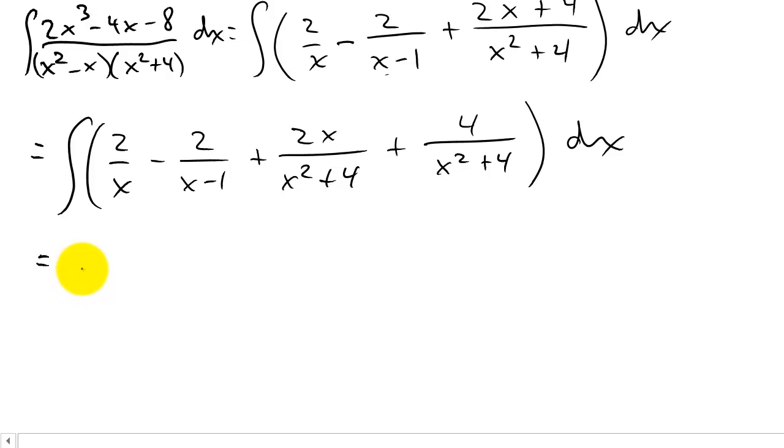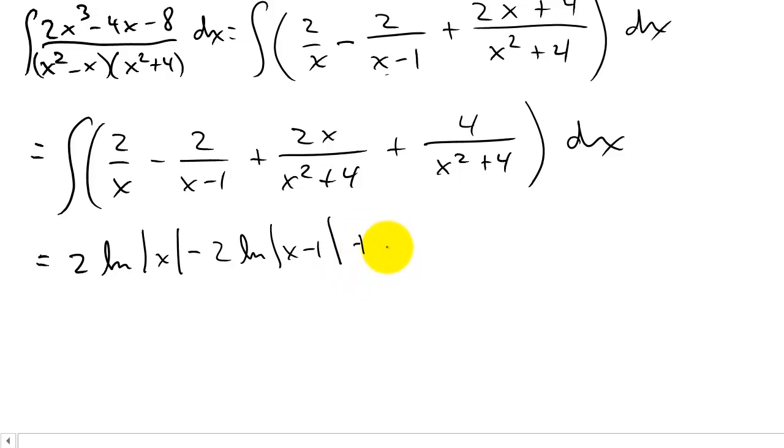So this is going to be 2 natural log absolute value of x minus 2 natural log absolute value of x minus 1, plus, and then this one's natural log also, because you can see if we take the derivative of the denominator, we end up with the numerator. So that's going to be plus natural log absolute value x squared plus 4.